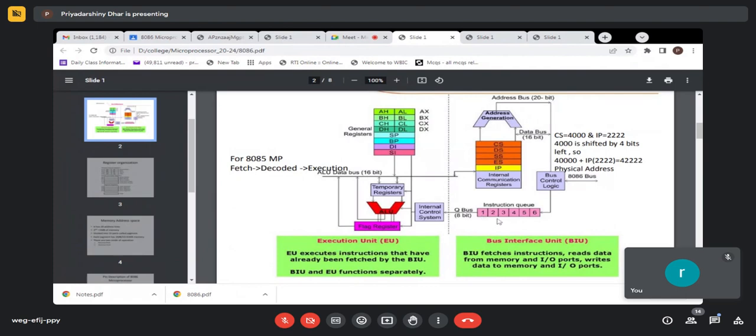Now the second one is transferred here, so 1 2 3 4 5 are present and another register is empty. Now another instruction opcode is fetched from the memory and stored here. This will continue. So this is the instruction queue. Now this bus interface unit and the execution unit work in parallel, but independently. Clear? Clear up to this? What is instruction queue?